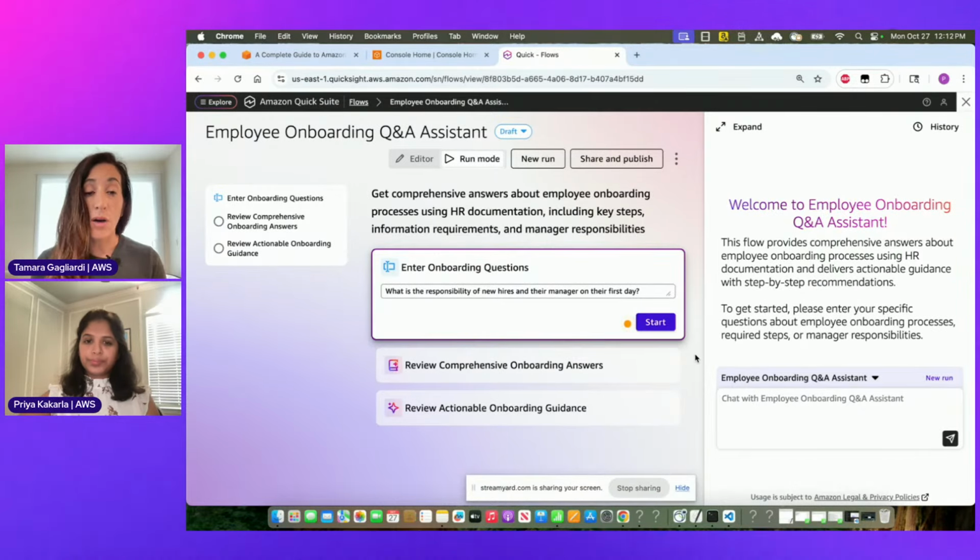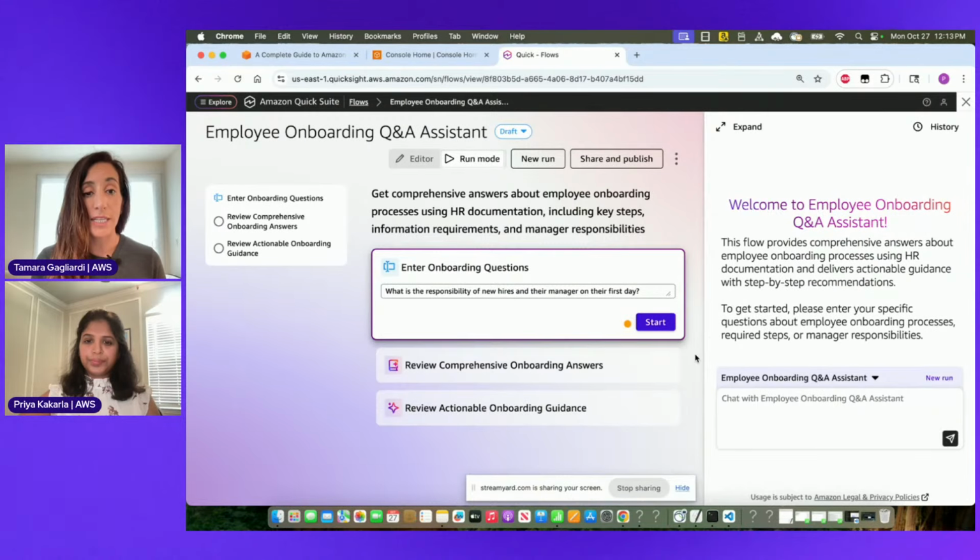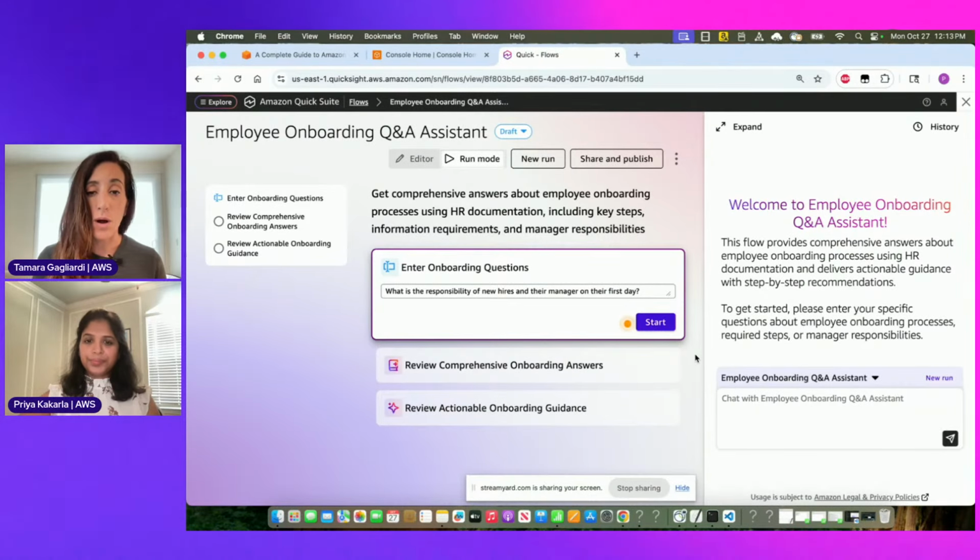So in terms of operational efficiency, that's something else that we see as extremely valuable for customers, being able to leverage flows to lower the time that it takes to do a specific task and then be more productive. So in terms of productivity efficiency, that's another focus as well.